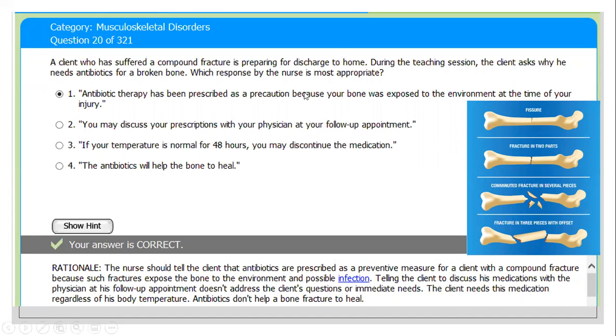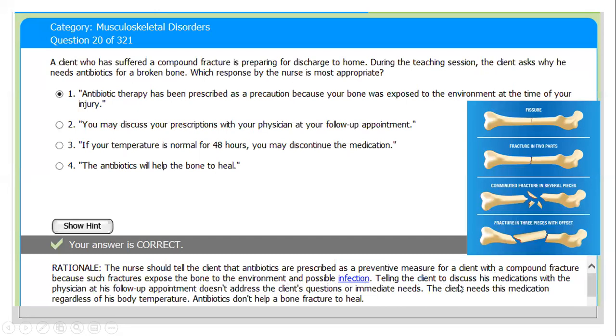So in that kind of compound fracture, we always need antibiotics because of healing. They said, rationale: the nurse should tell the client that antibiotics are prescribed as a preventive measure for a client with a compound fracture, because such a fracture exposes the bone to the environment and possible infection.